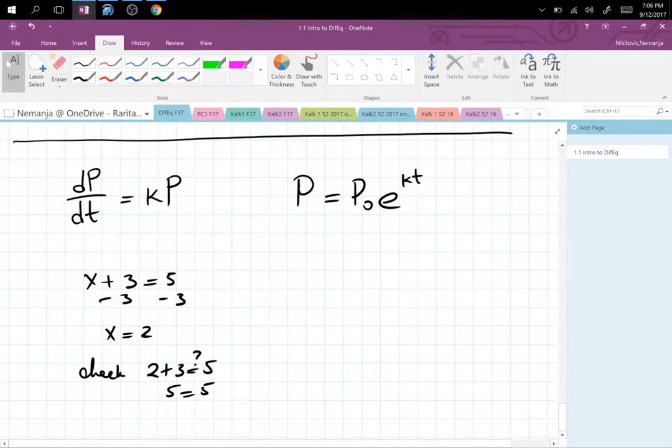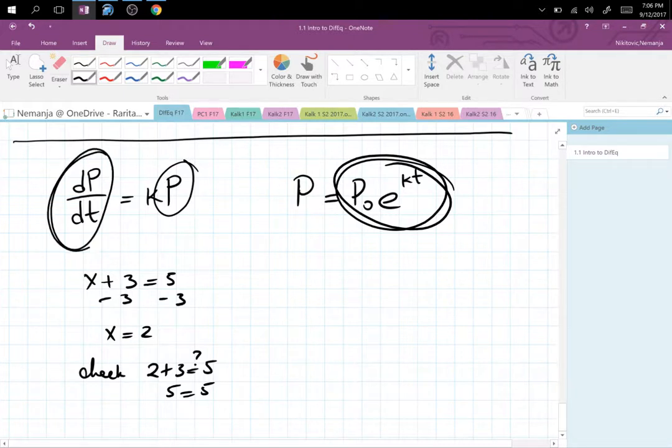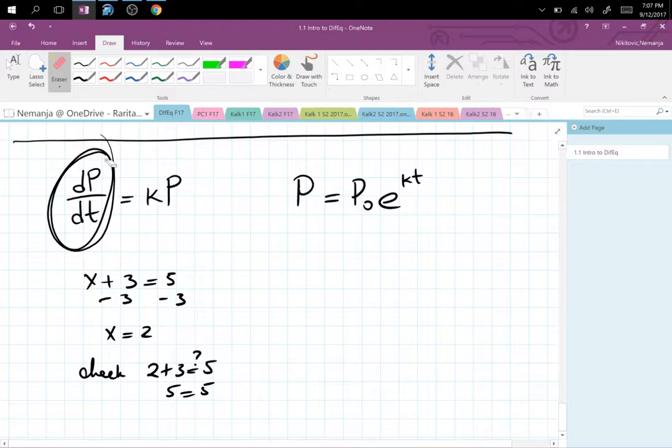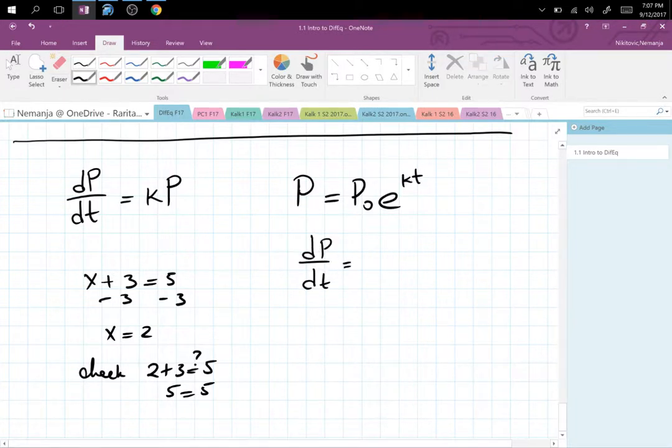Now you have different variables. You have the function, which is this thing, and then you have the derivative of this thing. So in order for you to check this problem, you have a little more work, but it's still the same concept. I'm going to find the derivative, which in this case is clearly p0 k e^(kt). The chain rule just pushes down k, and p0 is a constant which you copy.